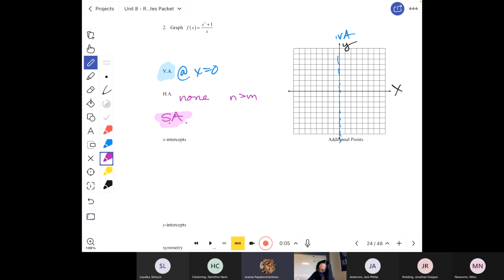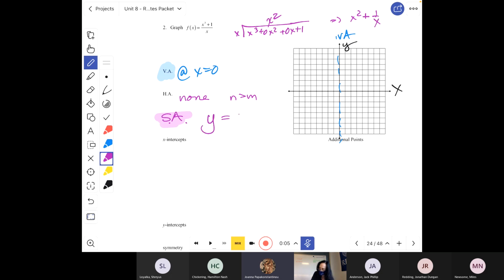Absolutely. So let's go ahead and divide. And if I were to continue on, I would in fact get x squared plus 1 over x, right?